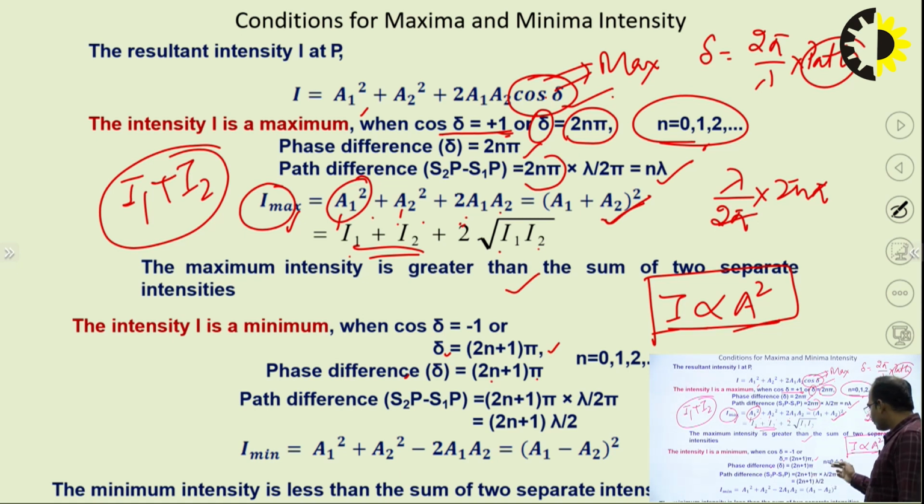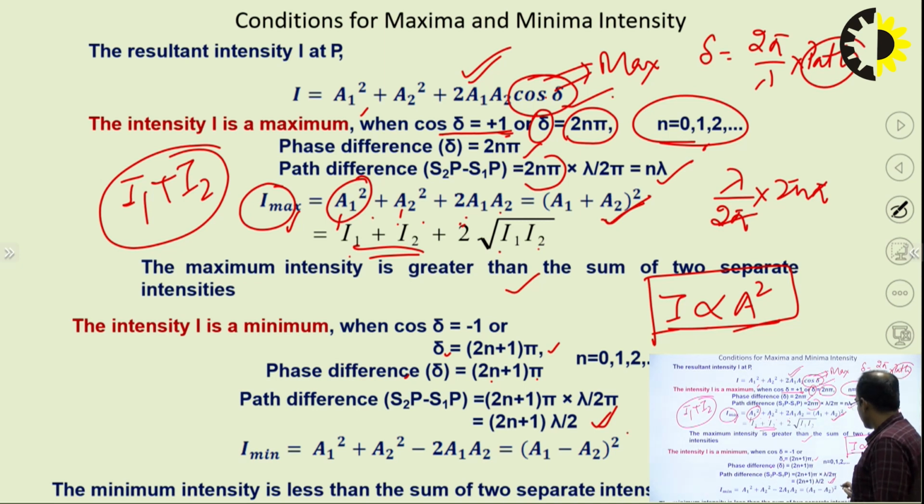Now the path difference you can again find using this formula: phase difference is equal to 2 pi by lambda into path difference. So path difference will be equal to 2n plus 1 lambda by 2. So I minimum will be equal to A1 square plus A2 square, I am putting in this formula, A1 square plus A2 square minus 2 A1 A2.